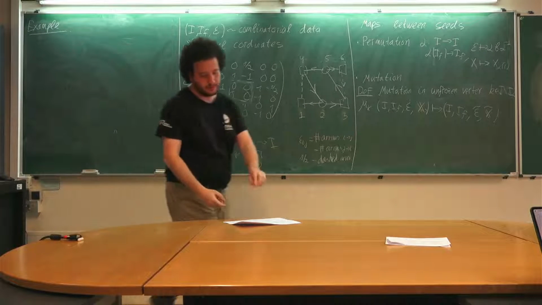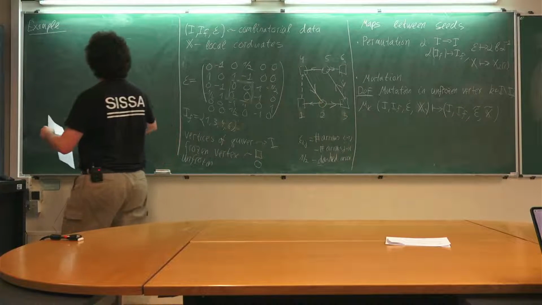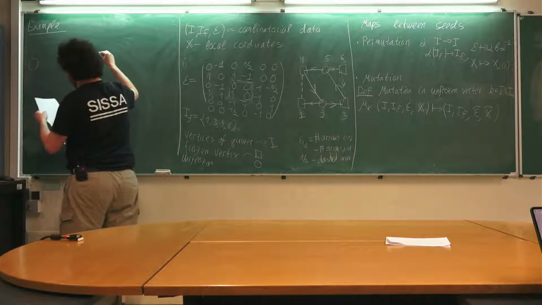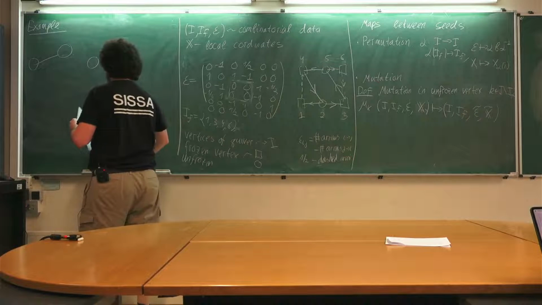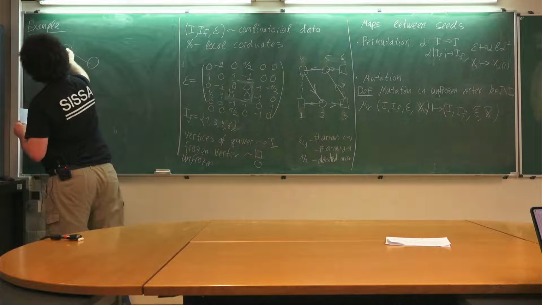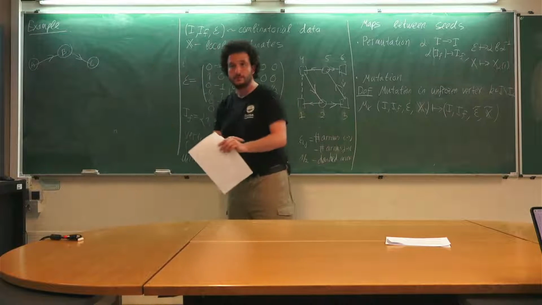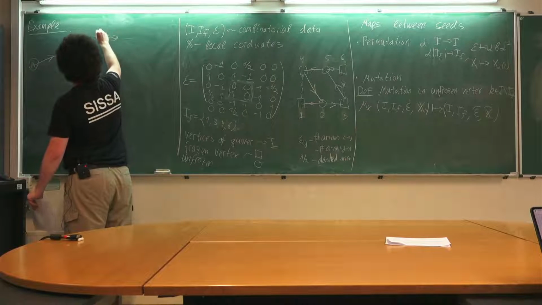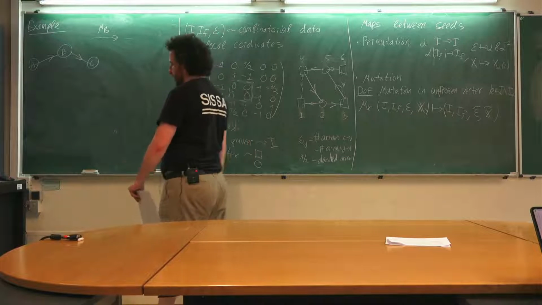So assume that we have a very simple quiver, ignore all frozen vertices, with just two arrows. We have three vertices with variables, say, A, B, and C, and we have arrows from A to B and from B to C. And we will do mutation in vertex B. What do we get?